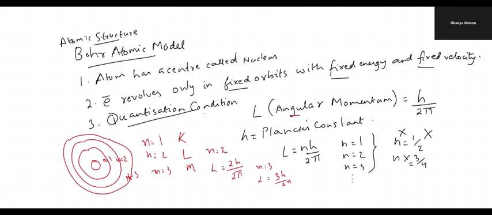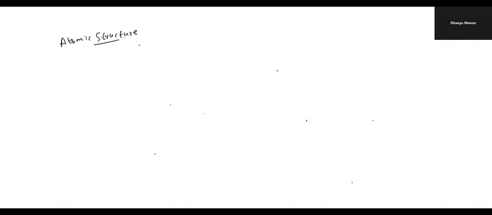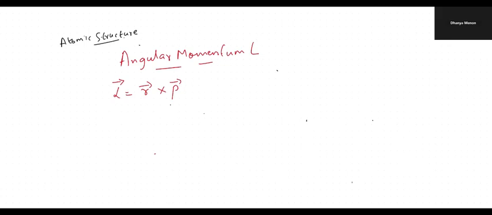Now coming to angular momentum, which is represented by L. You would have studied in physics that it is a vector quantity. So angular momentum is represented by r cross p, where r is the radius and p is the momentum.